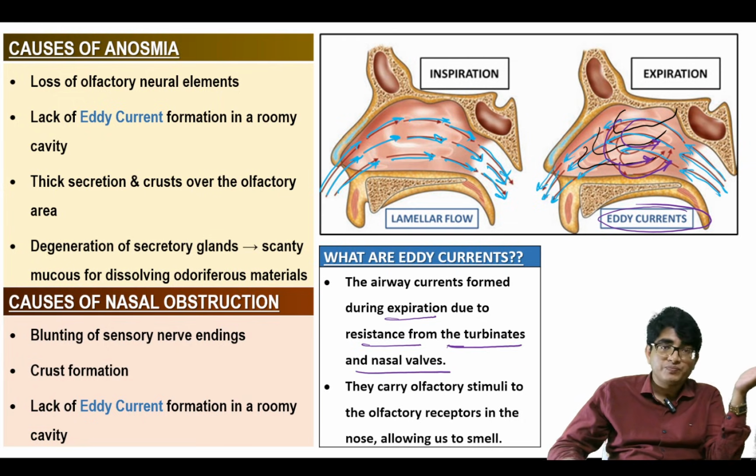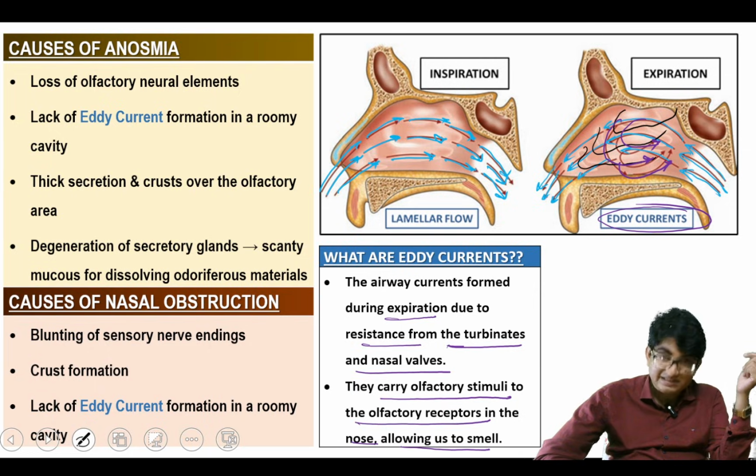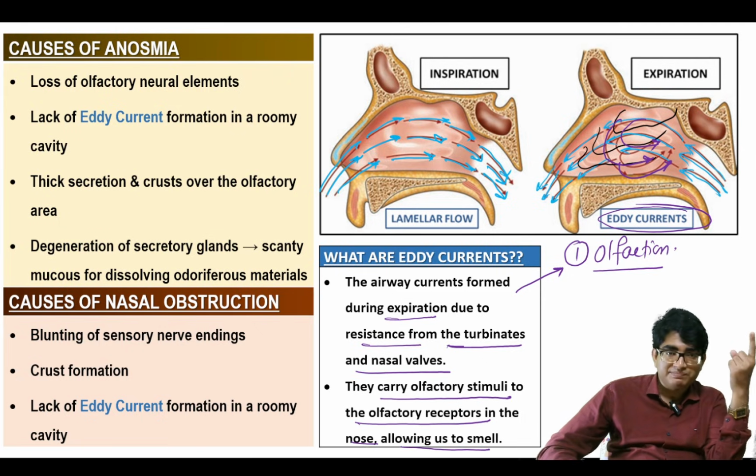What do they do? They are carrying the olfactory stimulus from outside to inside towards the olfactory mucosa near the superior meatus. Obviously, they are carrying olfactory stimuli to the olfactory receptors of the nose, allowing us to smell. So first, they help in olfaction. Second point, they have one more role to do.